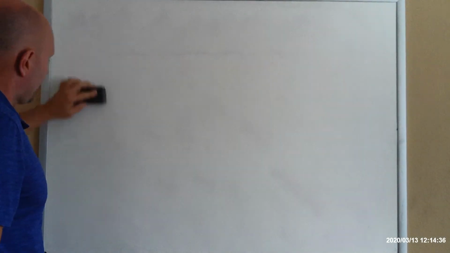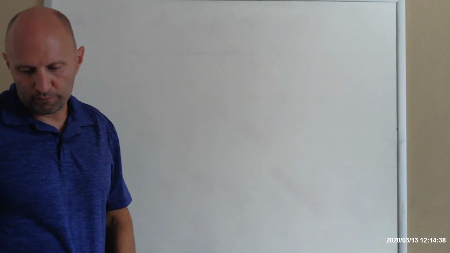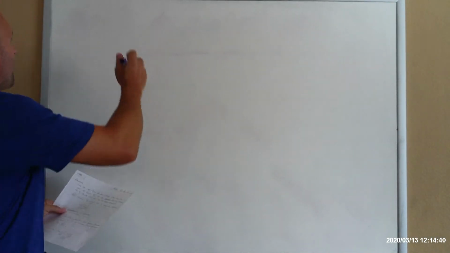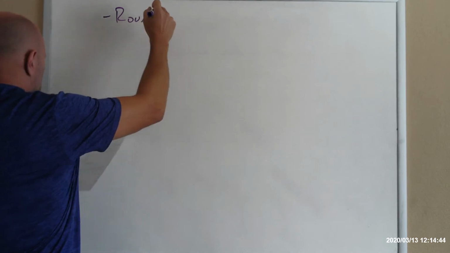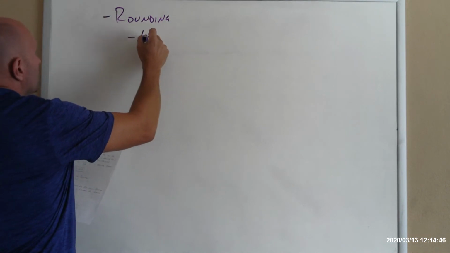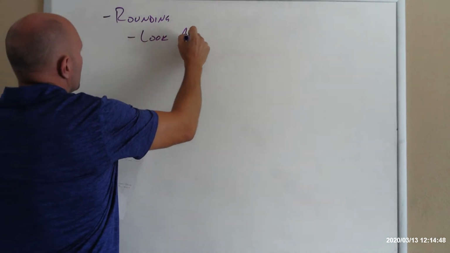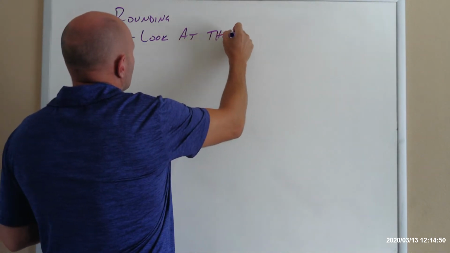we're going to be asked to round our numbers. And so the process for rounding is as follows. We're going to look at the placeholder.